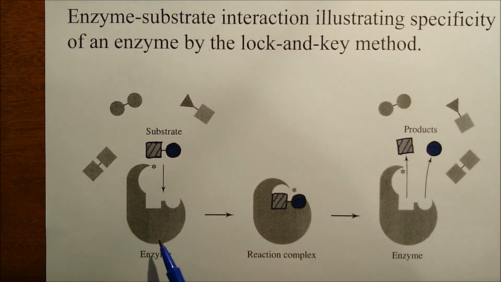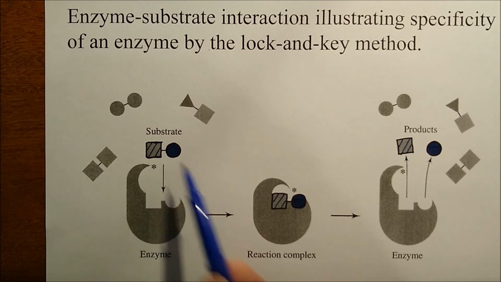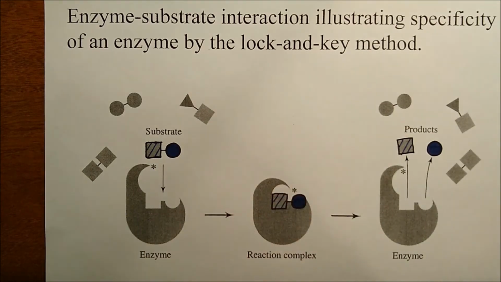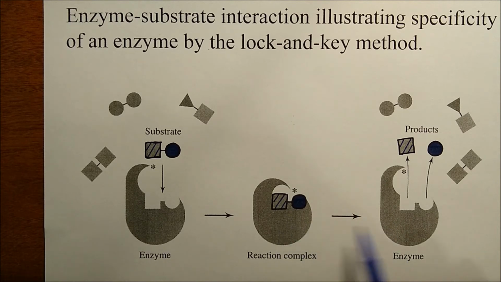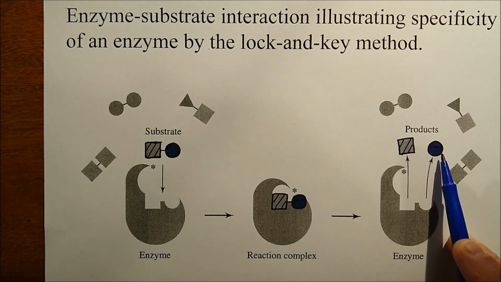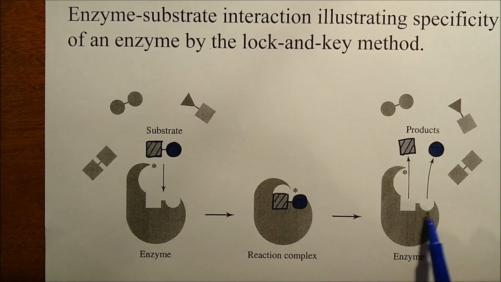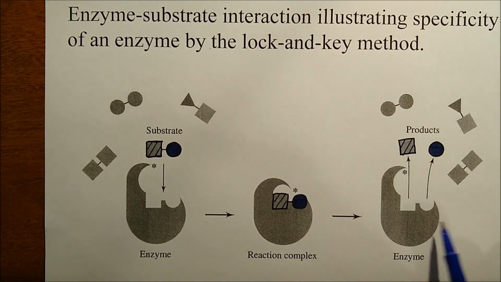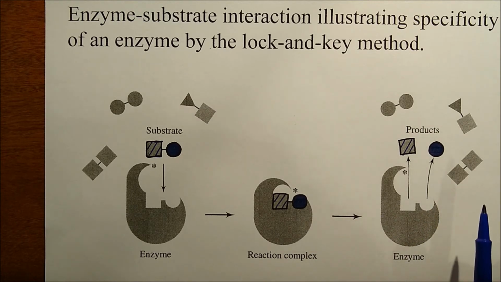And what an enzyme will do is, to digest the food, it will bind this protein and provide a place for a reaction to occur. And what happens after the reaction occurs is the products come out of the enzyme's active site, and the enzyme is then unchanged. It just goes on and can then accommodate another substrate.